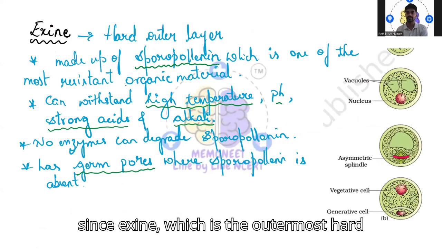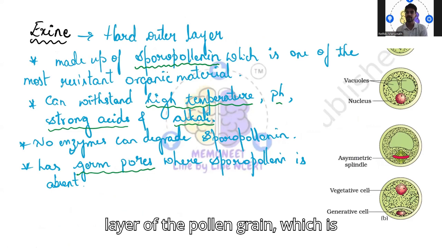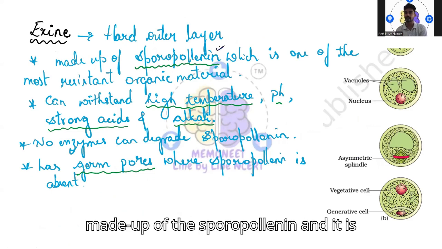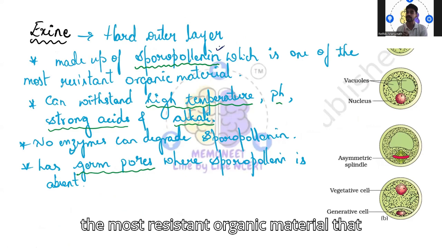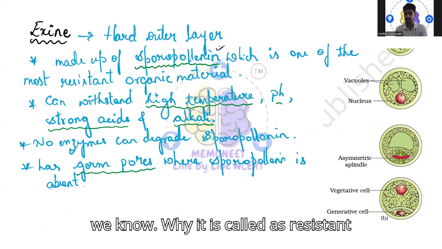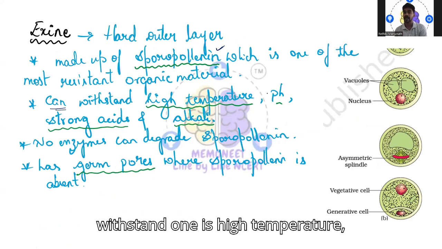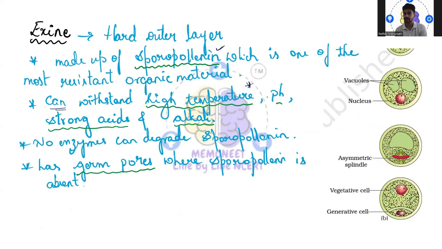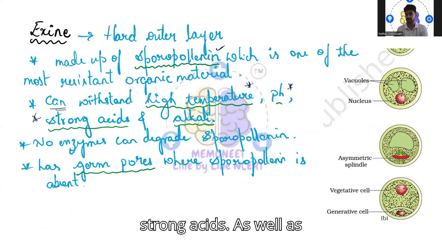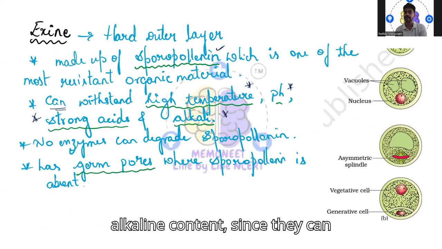Since exin, the outermost hard layer of the pollen grain, is made up of sporopollenin, it is the most resistant organic material that we know. Why is it called resistant? Because it can withstand high temperature, pH, strong acids, as well as alkaline content.